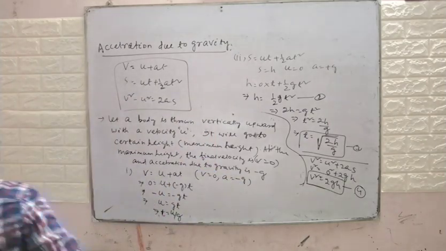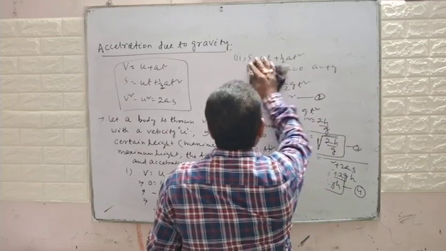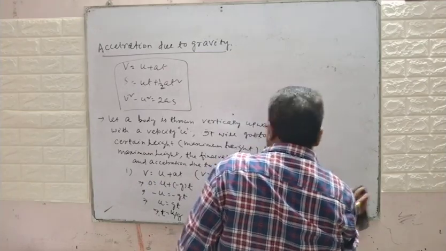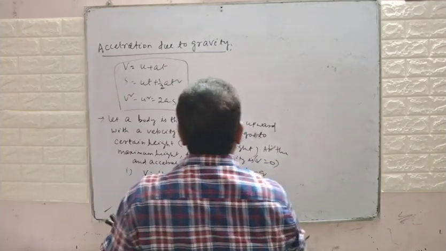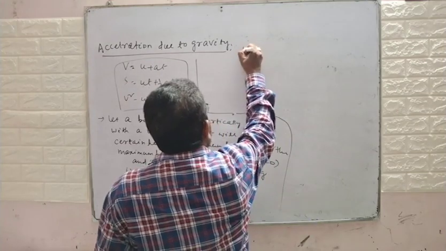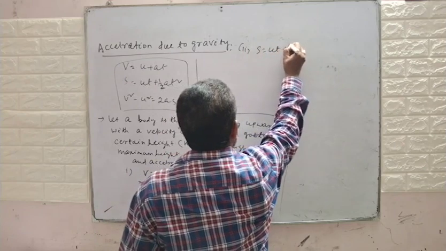Now, if we apply this to the second equation, the second equation is s equal to ut plus half at square.